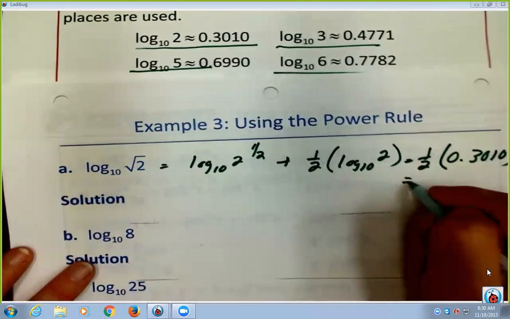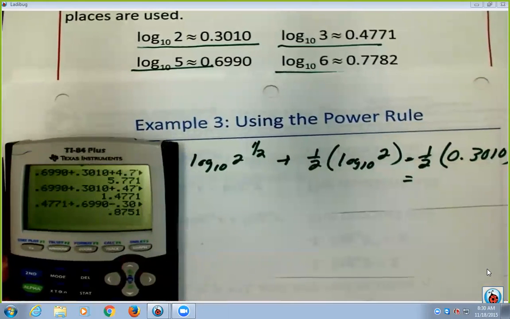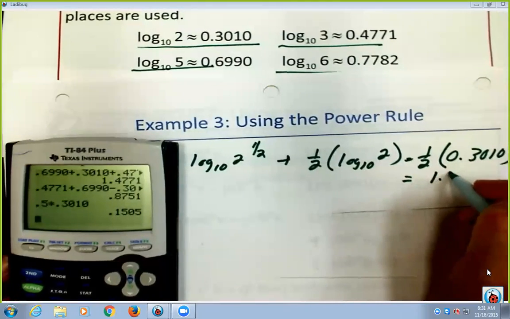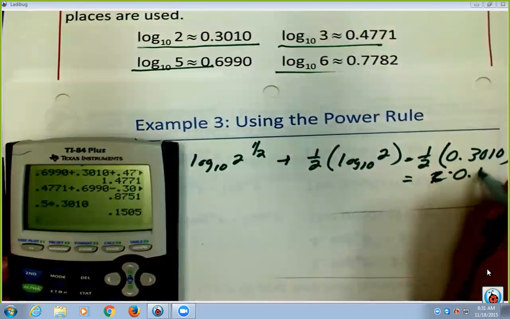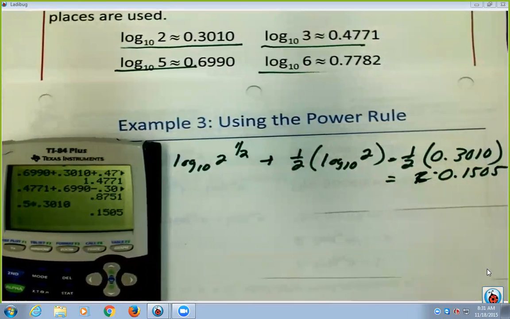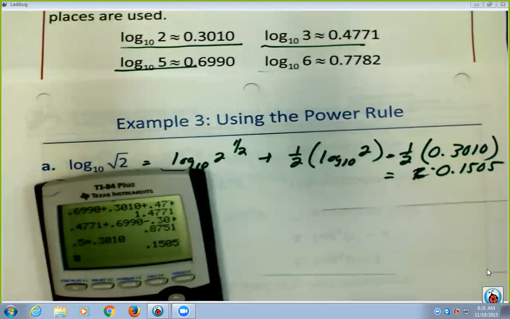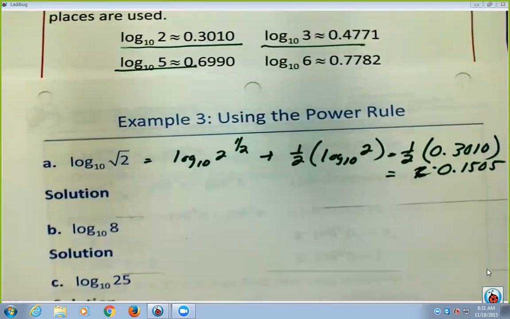And what would come out of that for my answer to this one would simply be 0.5 times 0.3010. And I will get my answer of 0.1505 for that one. And once again, it's all involved with rounding stuff if it wasn't an exact half. So we'd have to round something in there if it didn't work. Okay, what do you think? Okay, go to the next one.